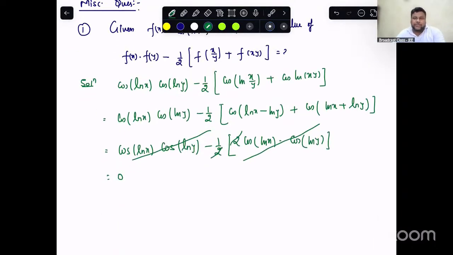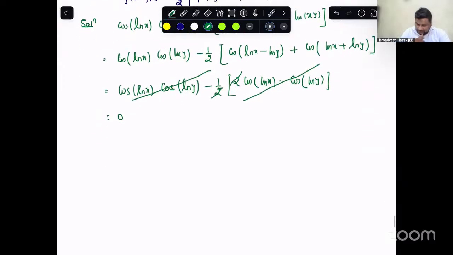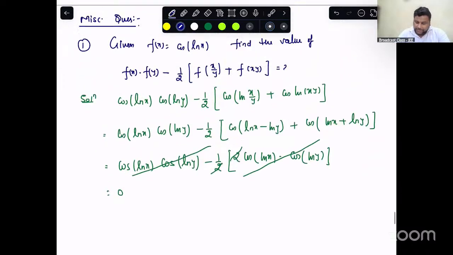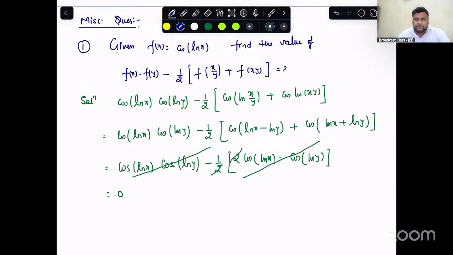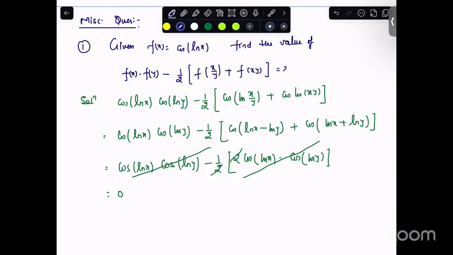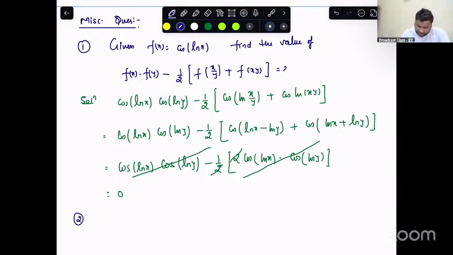Am I correct? Understood everybody? Mahesh, understood beta? Yes sir. Very good.